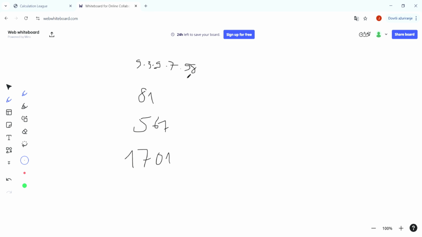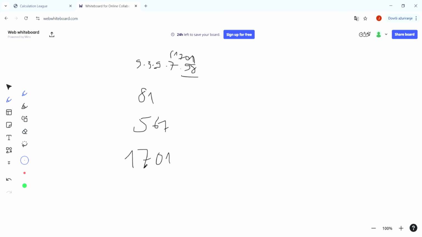So in this case we have times 98. If this was some other number, I would just imagine that here it was 1701 and I would multiply it by cross multiplication. You can also use the school method, but I'm very bad at school methods, so I use cross multiplication for all numbers that have more than 2 digits, except in some cases, but rarely.